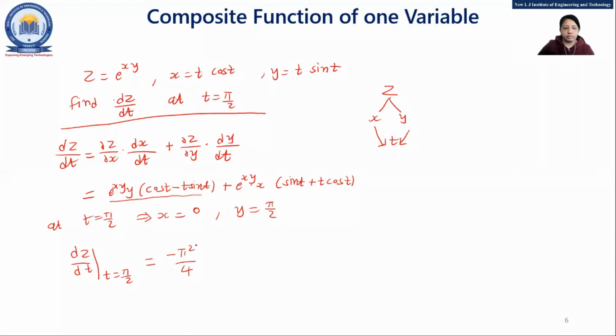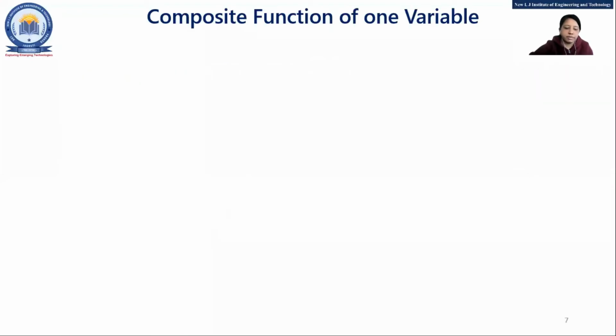Okay, any doubt in this? Okay, fine. So, another example of this kind. z equal to x square y plus 3xy raised to 4, x equal to sine 2t and y equal to cos t.